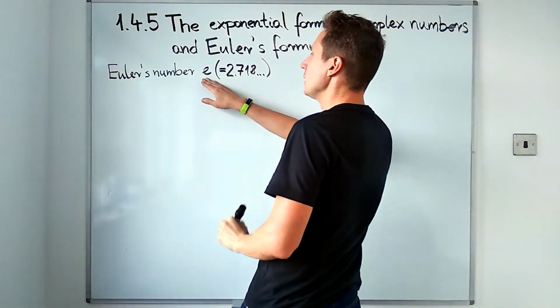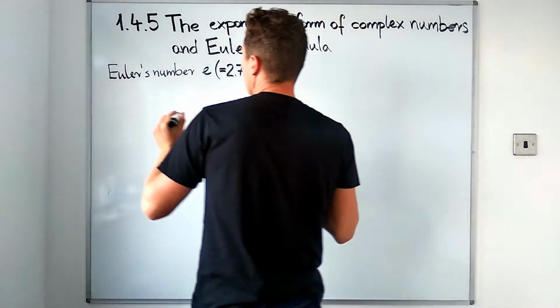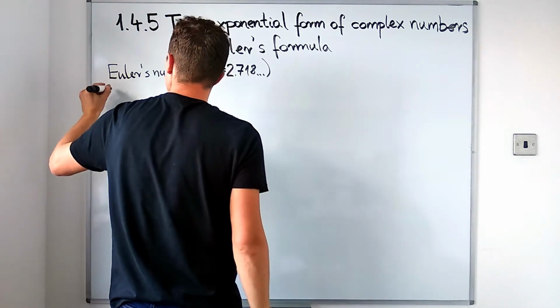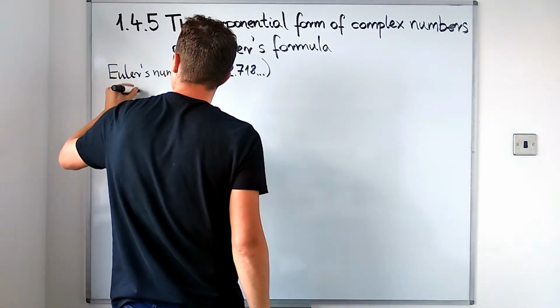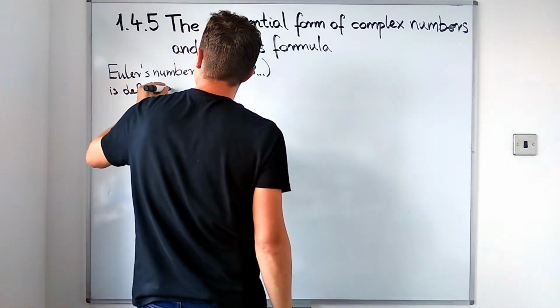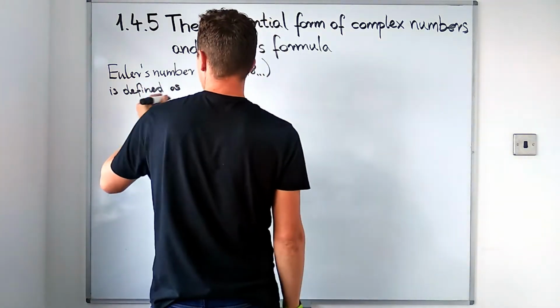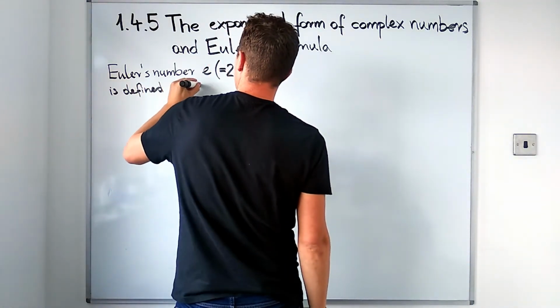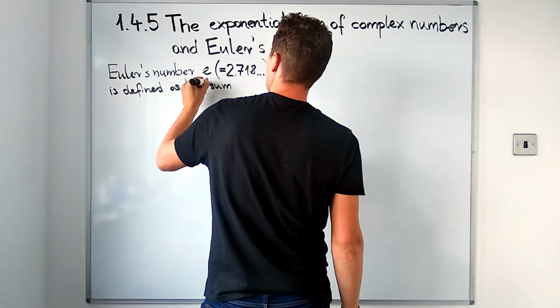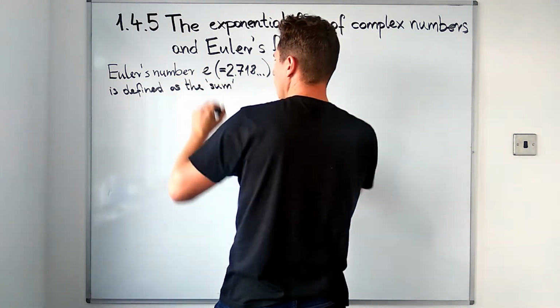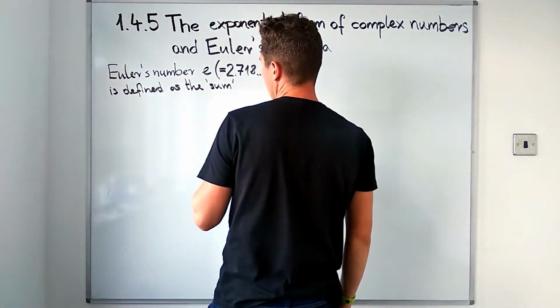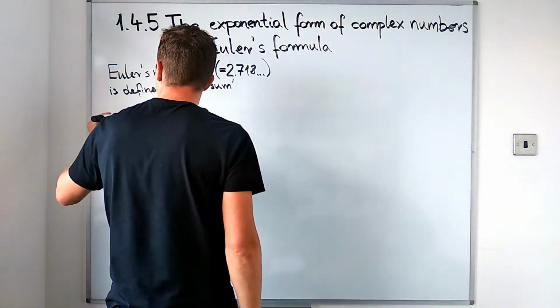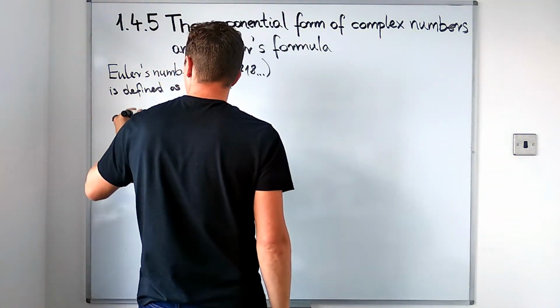It's an irrational number that is often defined as the "sum", and I will use quotation marks around this word sum because it's going to be an infinite sum, and that is something we are not used to yet.